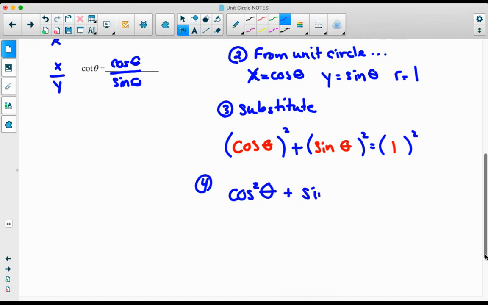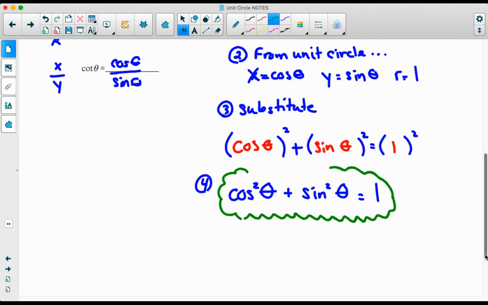In a similar way, we're going to write it out for sine, and of course, we know 1 squared is 1. This is one of the most used and most popular identities in trig. Don't forget, that's one of the three different Pythagorean identities that you have.